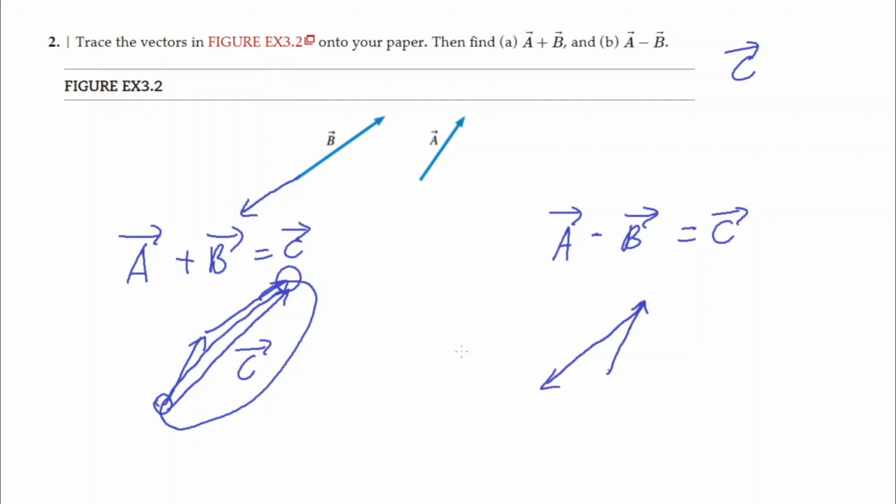And now we need to connect the start of the first vector to the end of the second, in which that's going to be a little bit like that. And the reason why it's going so far west is because vector B is longer than vector A. So it has a bigger magnitude. So that is going to be our vector C. Our vector C is going to go slightly south, but to the west.